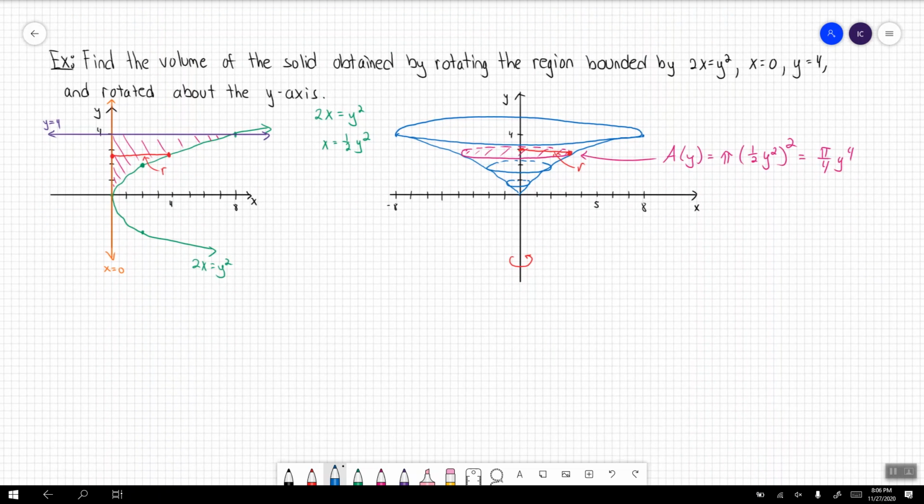So again, we're going to do this with respect to the y-axis. Integrating with respect to y, our y bounds for that initial region are from 0 to 4. We're going to integrate the function that we found, which is pi over 4 y to the power of 4, with respect to dy.